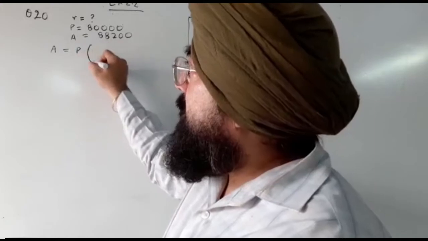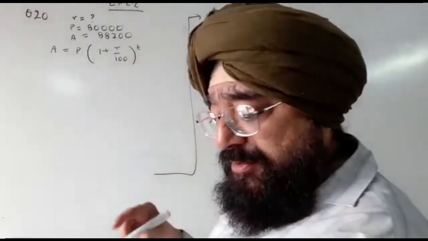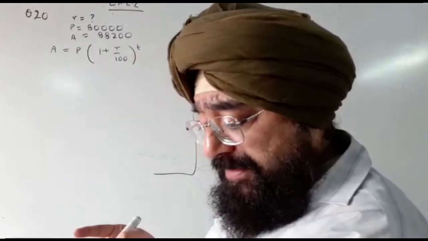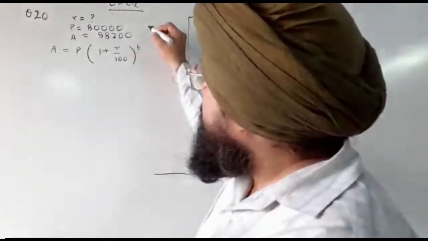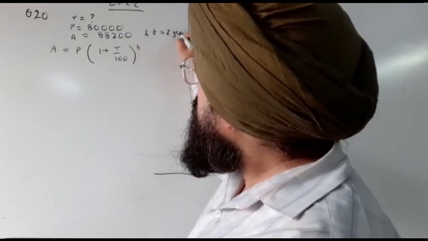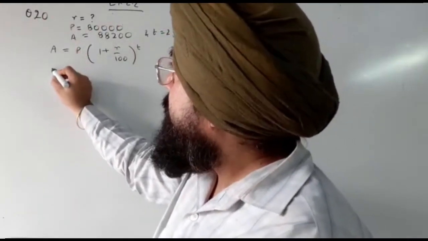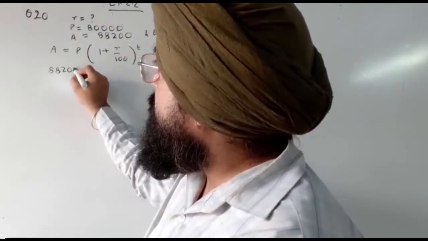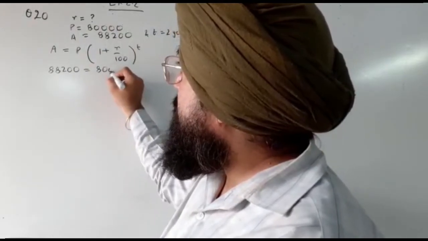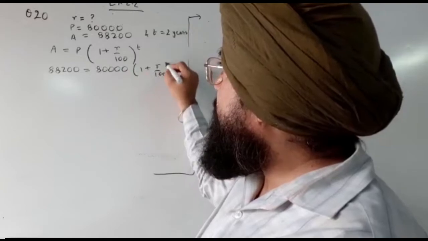A is equal to P in the bracket 1 plus R upon 100 to the power T, and here the T is also given in question number 20. It says that this all happened in 2 years. That is, here time is also given, and time is 2 years. So why unnecessarily involve CI here? We can directly use A. That is 88200 is equal to P, which is 80,000, in the bracket 1 plus R, we don't know, and time is 2.